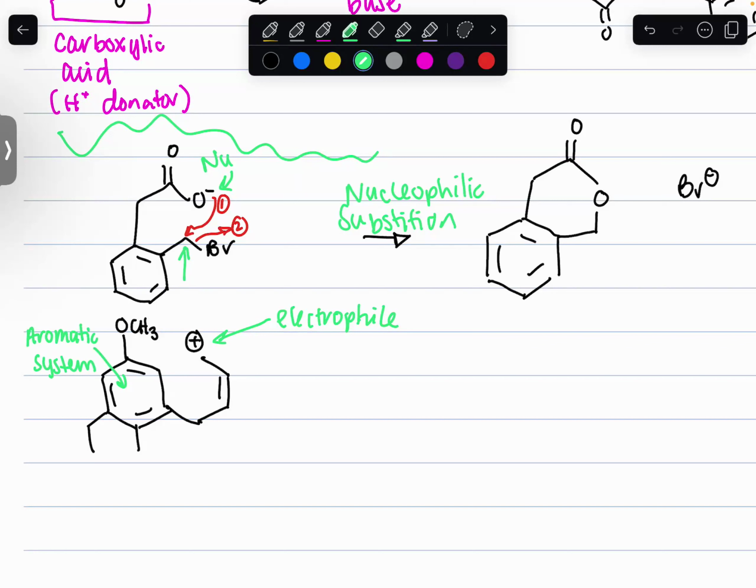Electrophilic aromatic substitution, exactly right. So we are going to use our alkene to attack the electrophile. It's going to make this intermediate. That's not right.